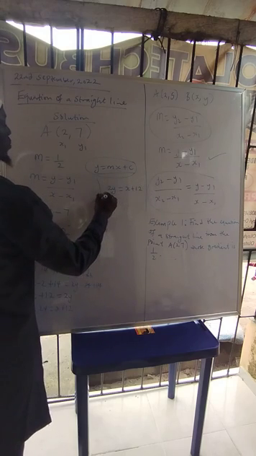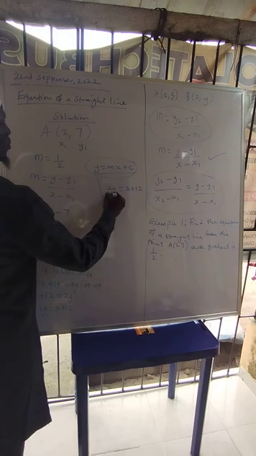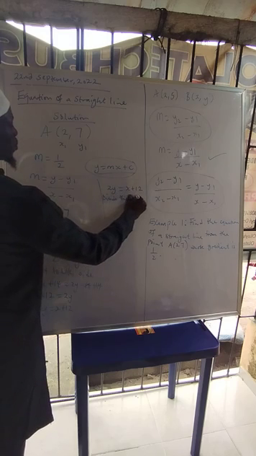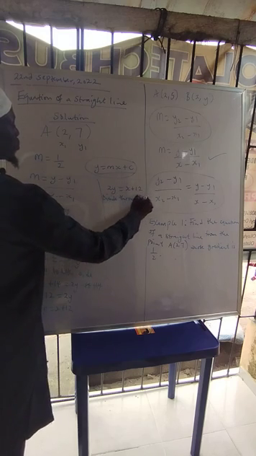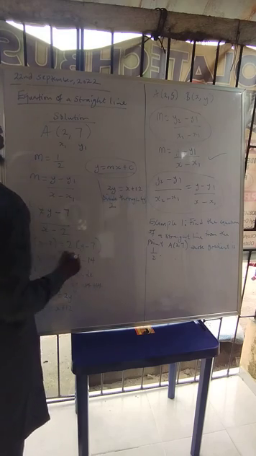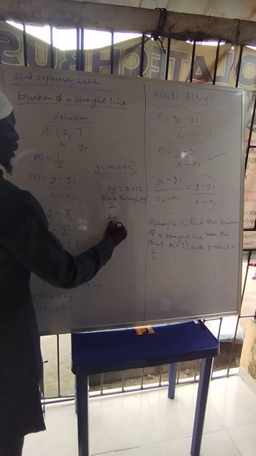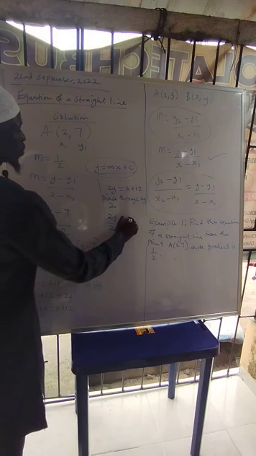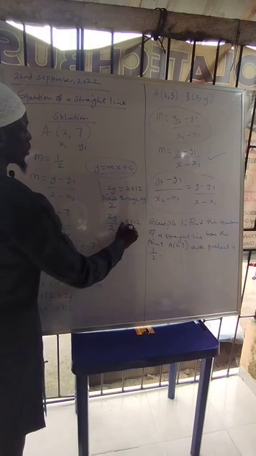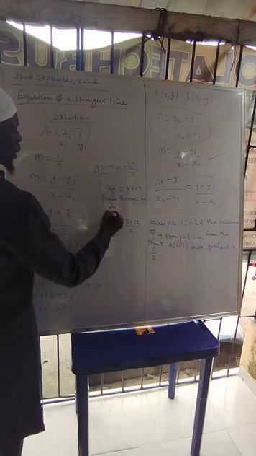The next thing is to divide through by 2. So when we divide both sides by 2, we have 2y divided by 2 is equal to x plus 12 divided by 2. The 2 cancels here.